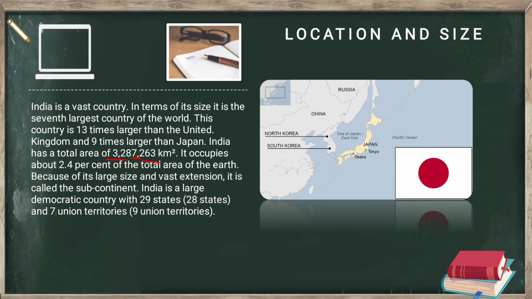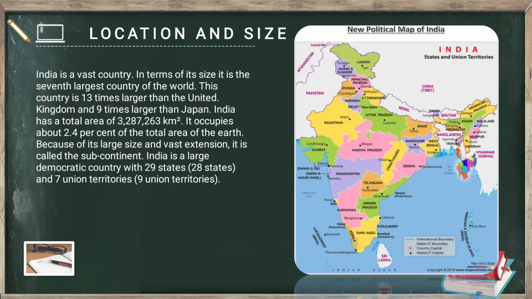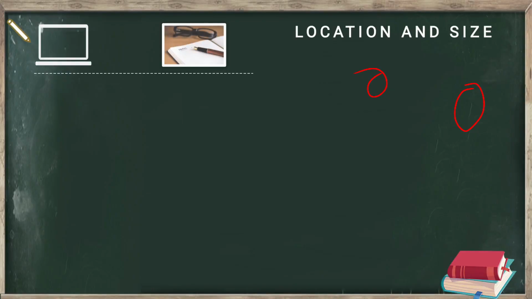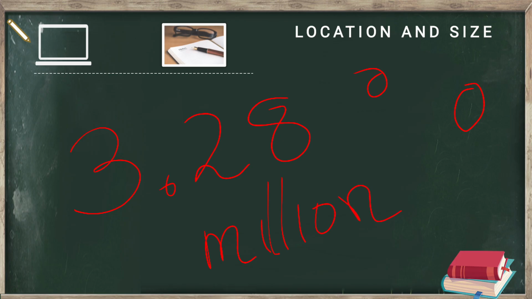In terms of million, if the number is too big, in a shorter way you can remember it like this: 3.287 million square kilometers.